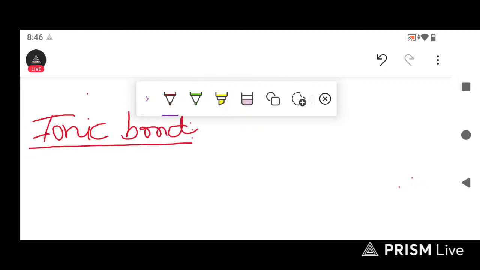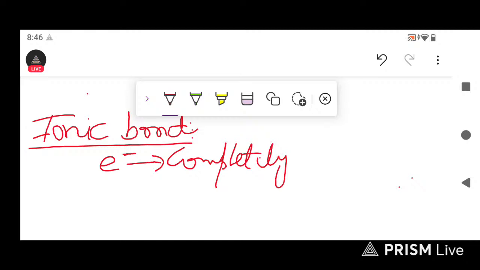An ionic bond is when an atom completely transfers its electrons to another atom. Completely transferred means it completely loses the electrons and gives them to another atom that needs electrons. If the electrons are completely transferred, we call it an ionic bond.